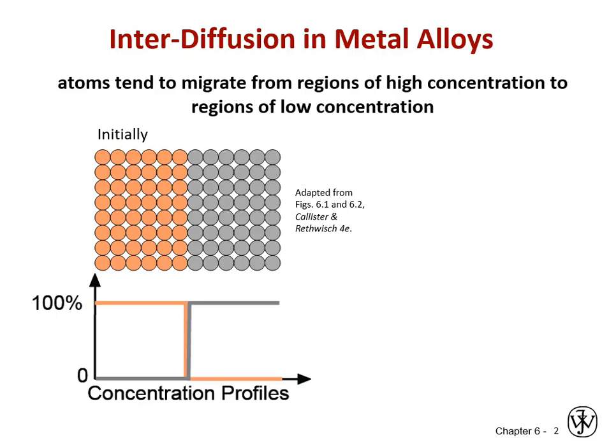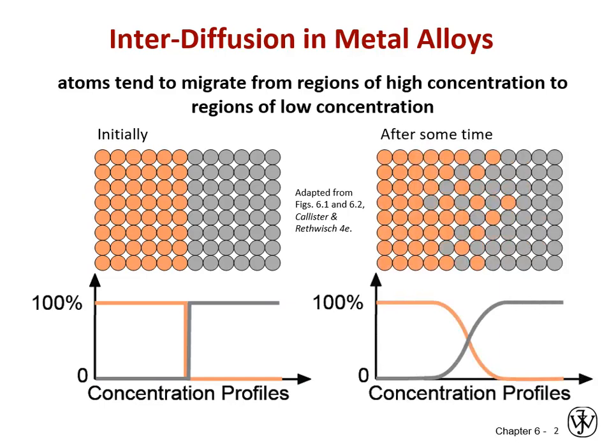If we were going to draw a concentration profile across this with position as the x-axis on the graph on the bottom, and then mole percent of each of the different metals on the y-axis, you'd see 100% copper all the way up to the interface, and then 0% copper thereafter, and the opposite for the nickel. So the concentration profiles for each of the two different metals would effectively be step functions, 0 to 100.